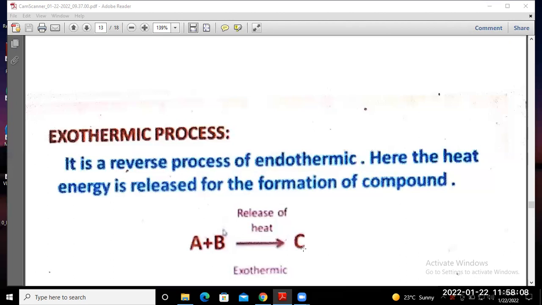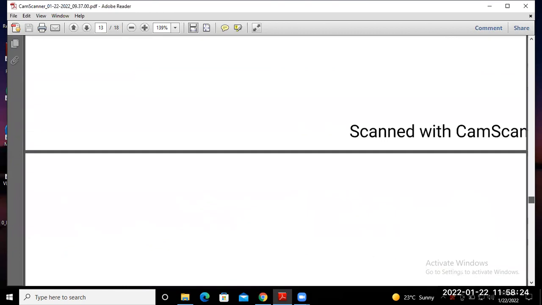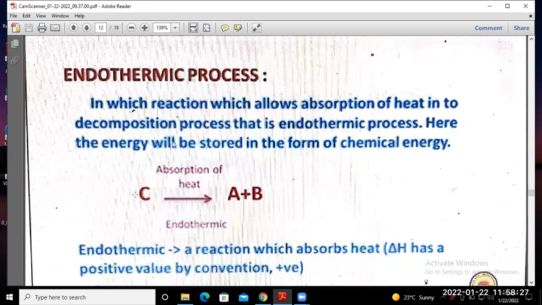So this is all about the process of endothermic and exothermic. Same thing: this is your exothermic, and for the endothermic, you consider H2O, and if heat is absorbed, it will make oxygen and hydrogen gas. This is known as the endothermic process.